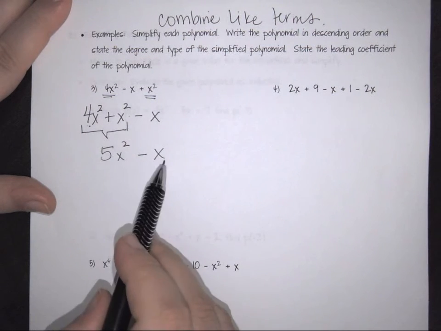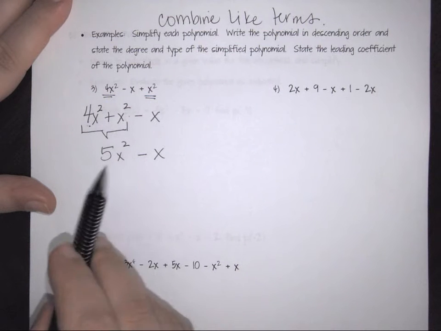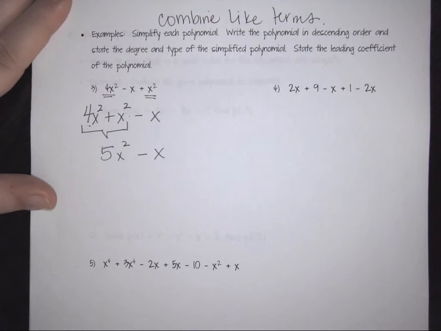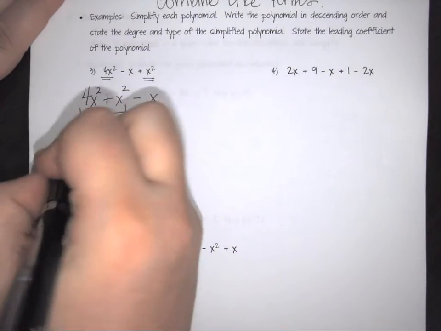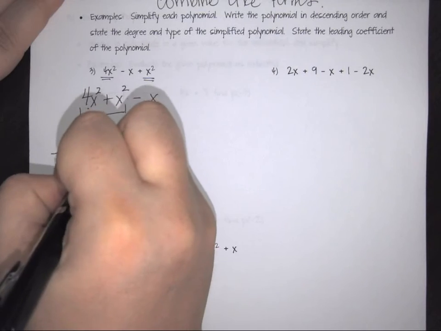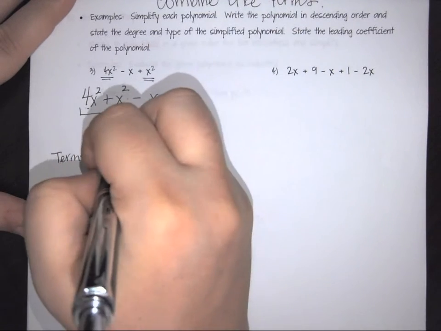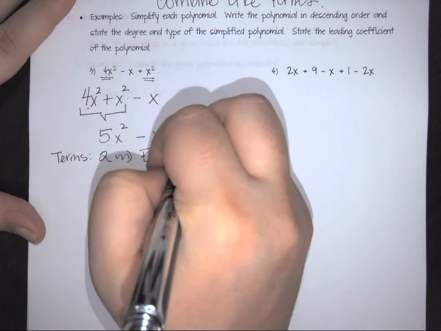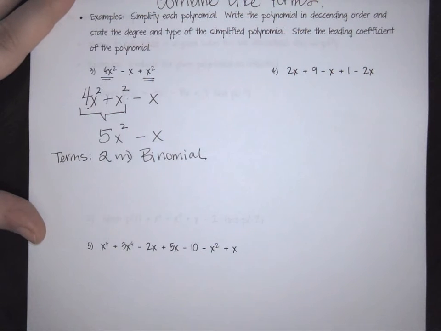There's nothing else to combine here because x squared and x are two completely separate terms. So now we can go ahead and take a look at it. Here, in terms of my terms, I have 2 of them. Therefore, this would be called a binomial. Bi meaning 2 terms.